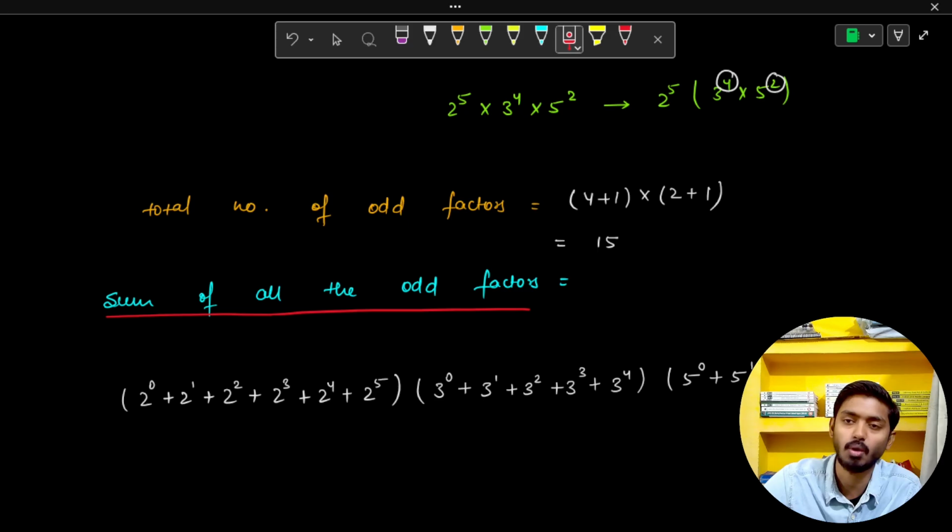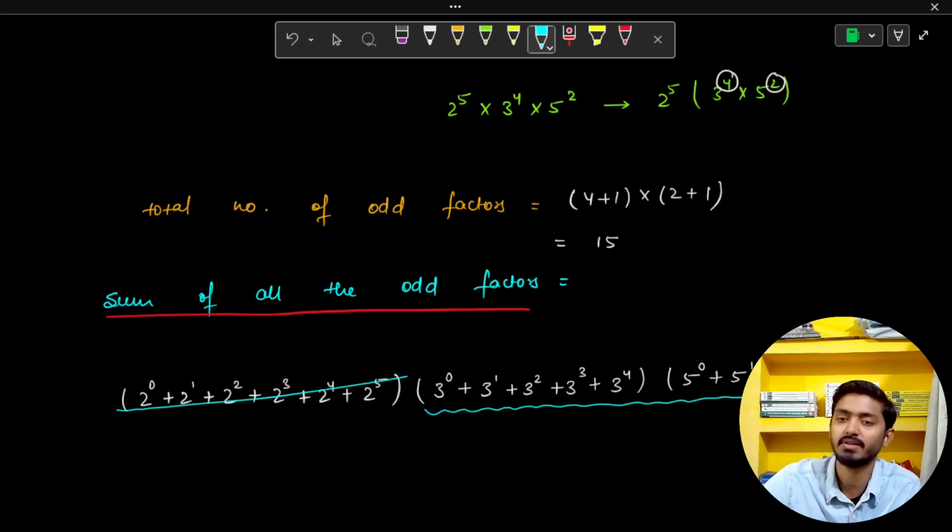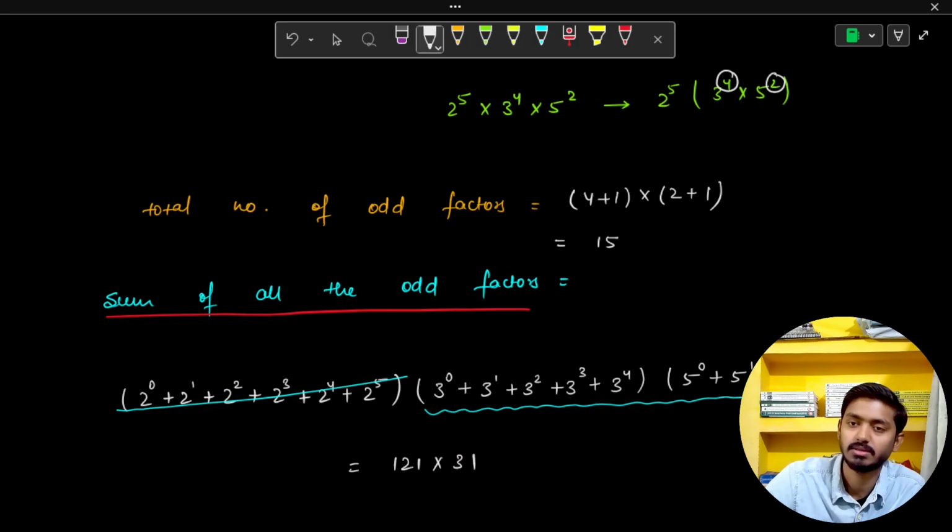Here as well we are going to do the same. We are not going to talk about any of the factors of 2. We'll just counterpart for the factors of 3 and factors of 5. That is, how much was this? 121 and 31. Simple.